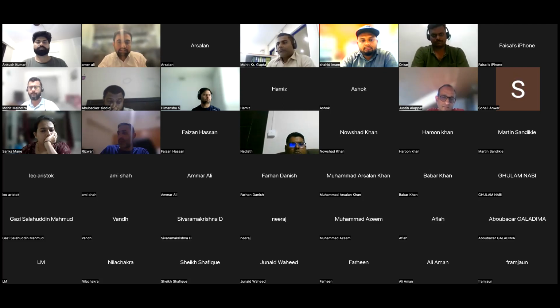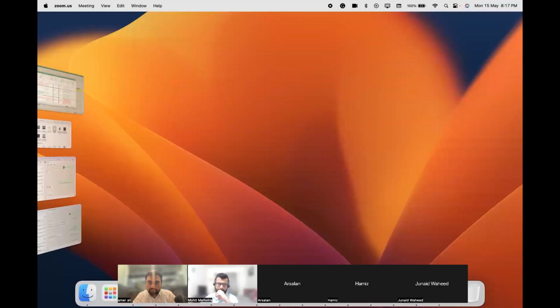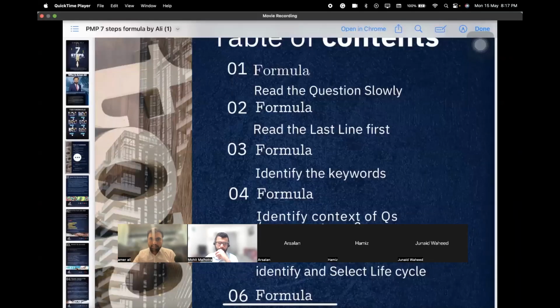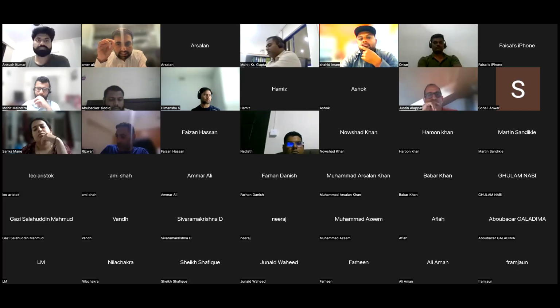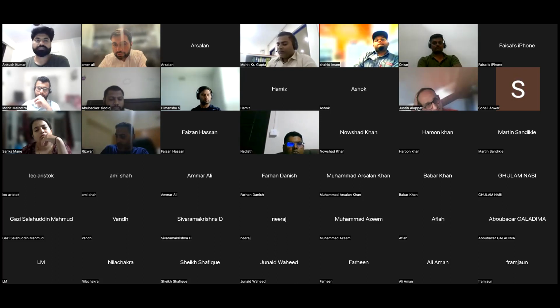Second thing, second step from my 7-step formula. Read the last line first. This is more applicable when your question is 3 lines or more, and the majority of your exam questions will be 3 lines or more. Read the last line first. Now, when you read the last line first, what happens?